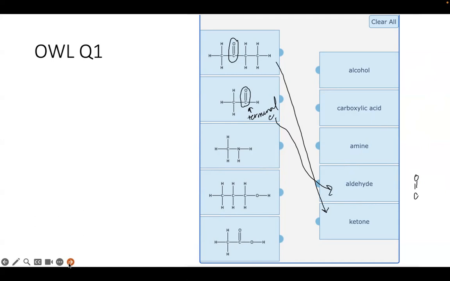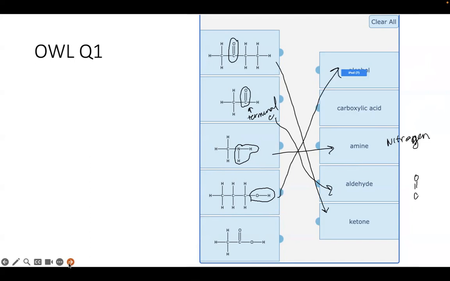A nitrogen present in any part of the structure is an amine, right? So just nitrogen anywhere. All right, so I preluded this one a little bit a few slides ago. An OH group anywhere in the chain is an alcohol.